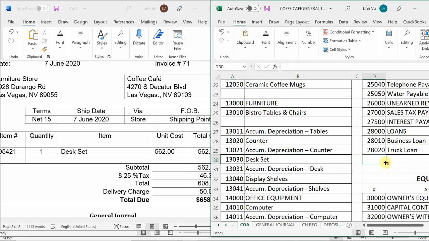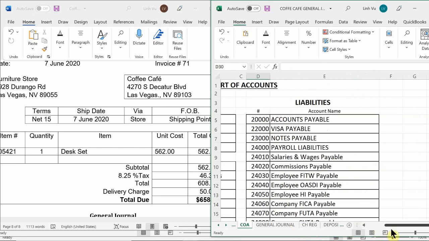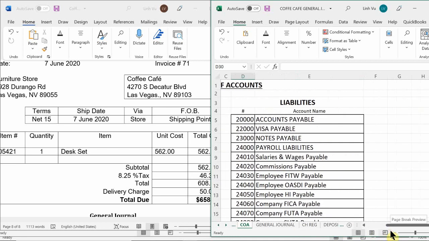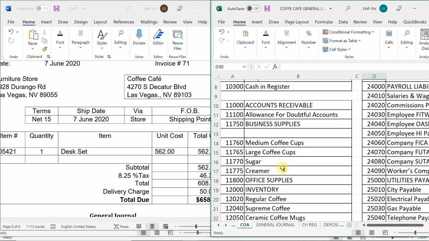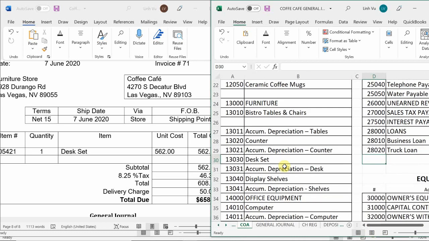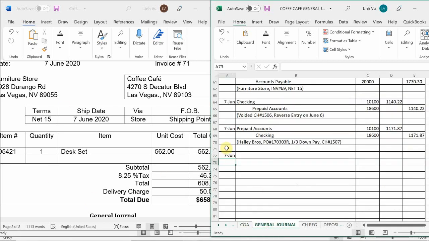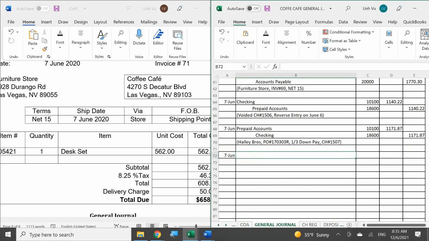So in this case, right, what account will we be using to represent that we're going to owe them? Accounts payable. Okay. So you see the desk set is going to be 1330, and then accounts payable is the 2000.